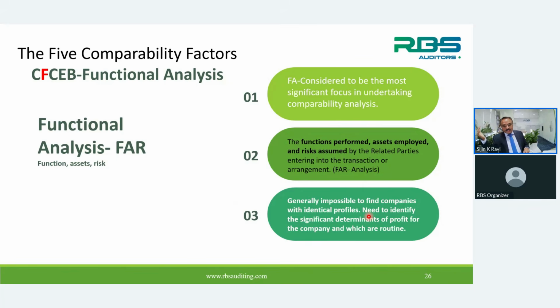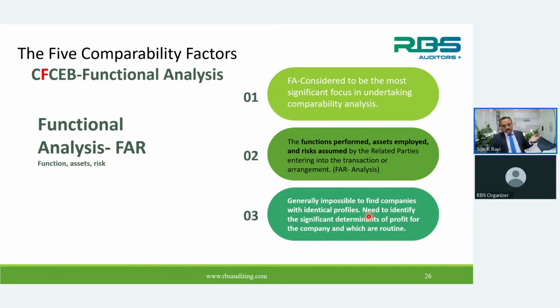So you have to decide what assets are employed and what risks are involved in that case. For example, if one location has issues, you can get the goods from another location. So in functional analysis, you have to decide what the functions are entity-wise, then find out, then do the adjustment.